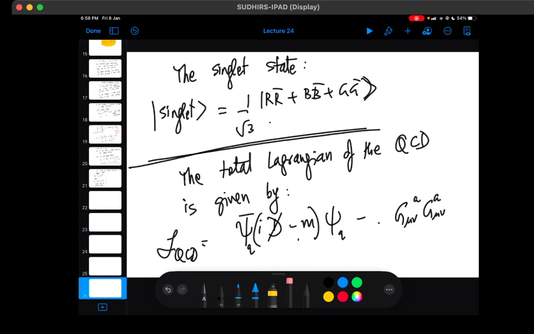So with this we can write down the Lagrangian of QCD.